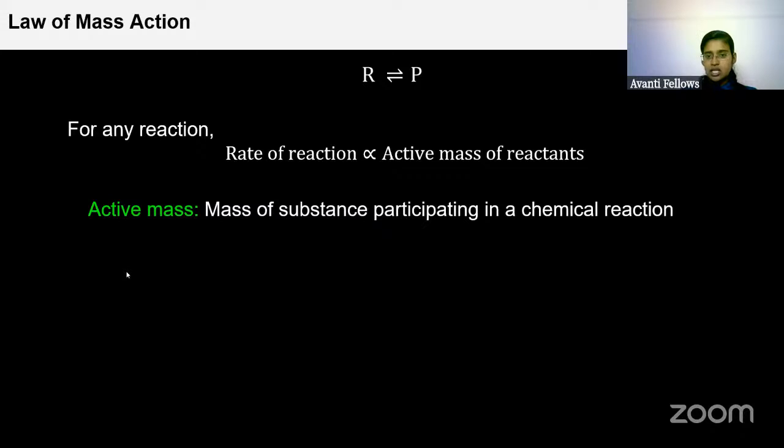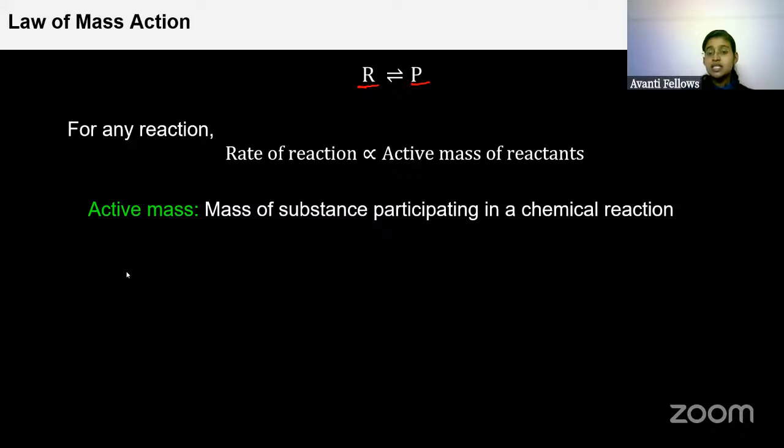So I have two substances, reactant and product. The mass of those substances participating in that reaction is called active mass, and that active mass is directly proportional to the rate. If the reactant mass is more, then the rate of the reaction is more. If it is less, then the rate of the reaction is less.